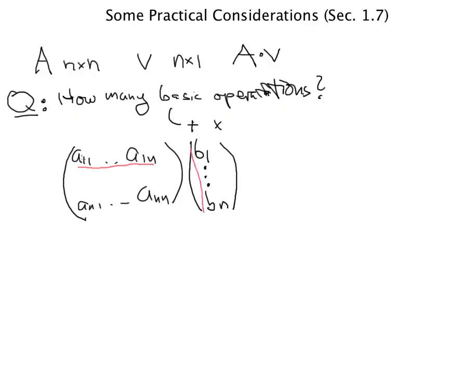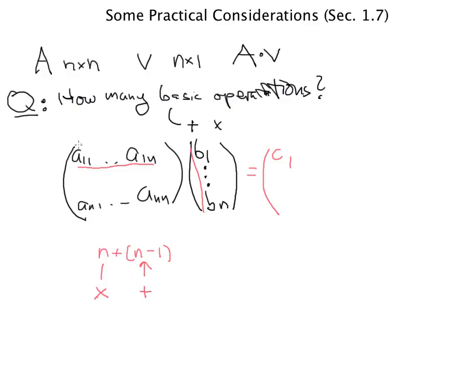Well, you have to take the dot product of this row with this column in order to get the first entry in the answer. And how many operations does that take? Well, there are n multiplications and n minus 1 additions.